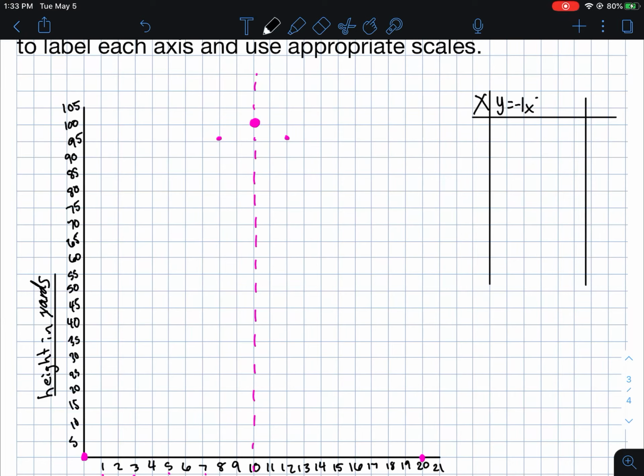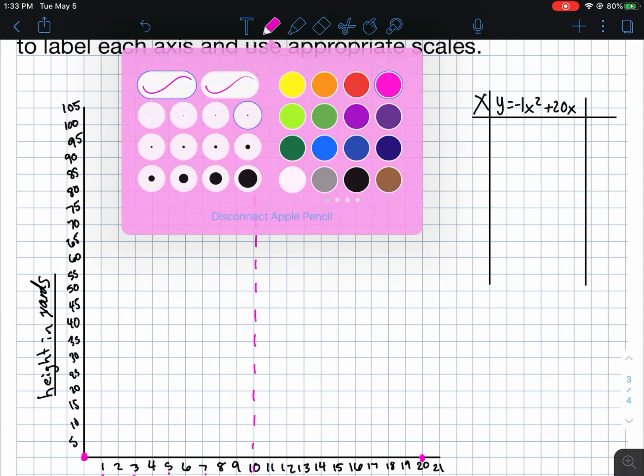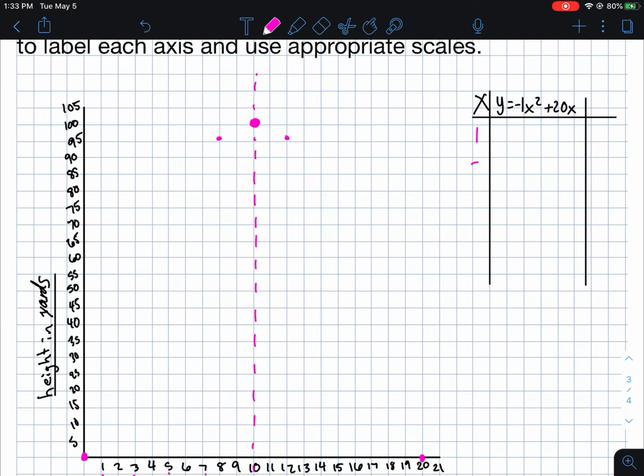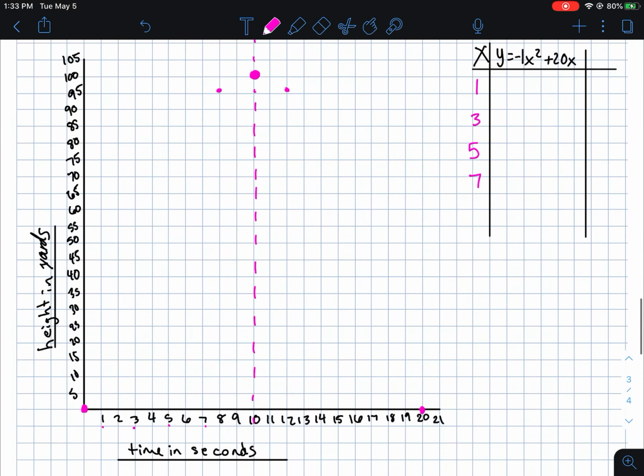And this is y equals negative 1x squared plus 20x. So like I said, I'm going to use the values of 1, 3, 5, and 7. That also means that I am using the value of 19 here for 1.